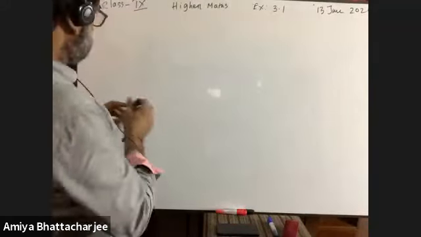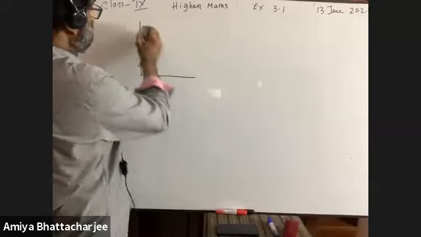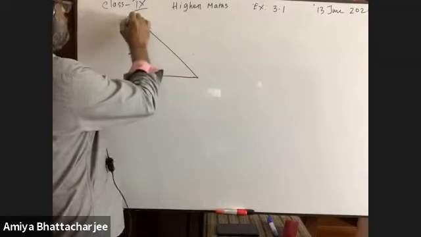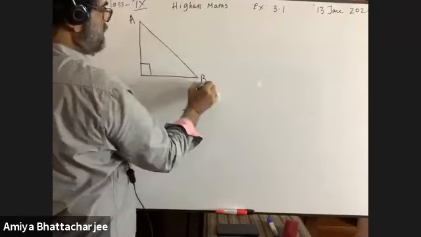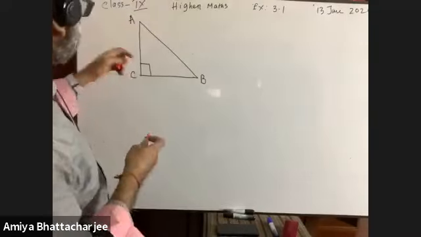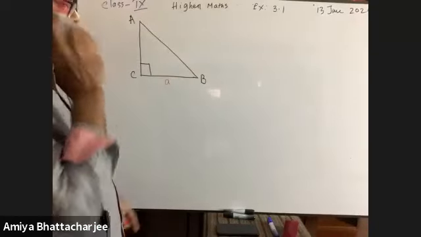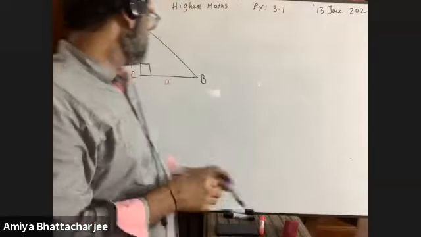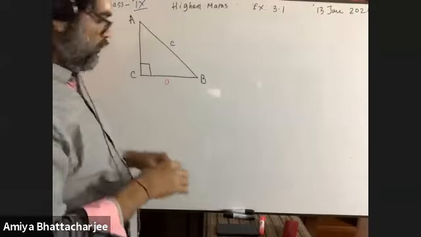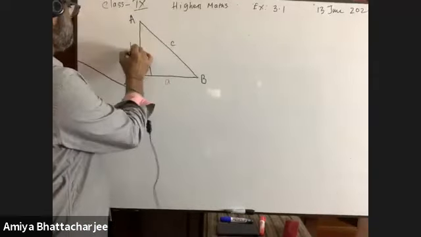From now onward, you all are requested to write down like this. Suppose it is A, it is B, and it is C. The opposite side of the angle A is small a. The opposite side of the angle C is small c. The opposite side of the angle B is small b.